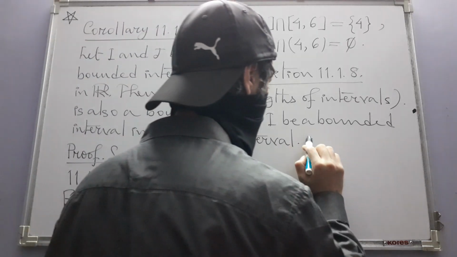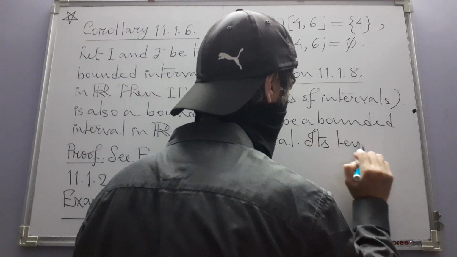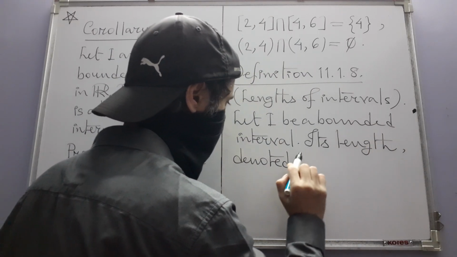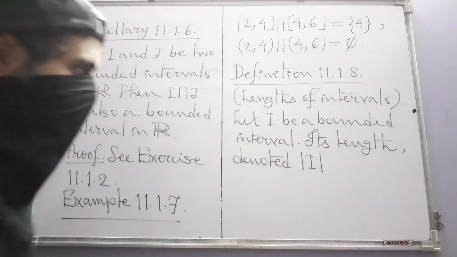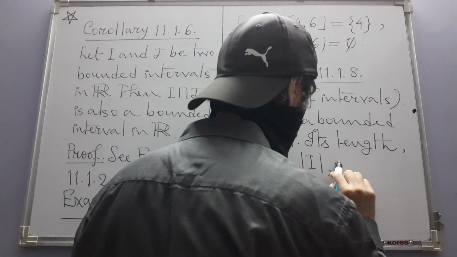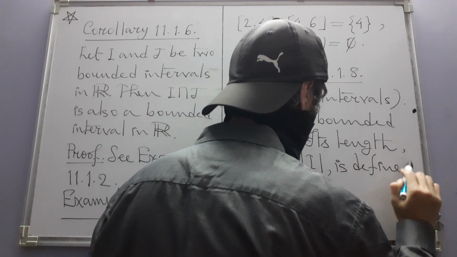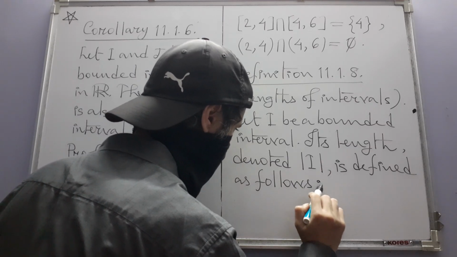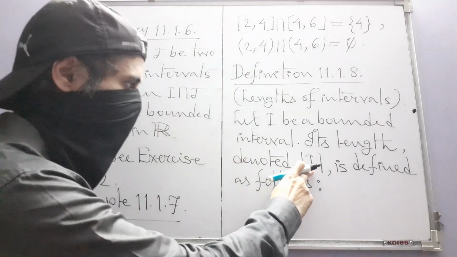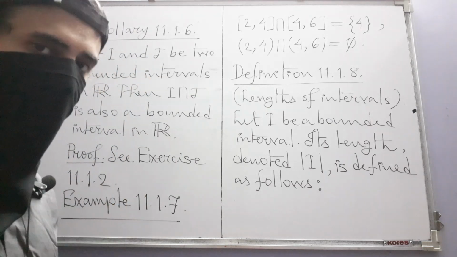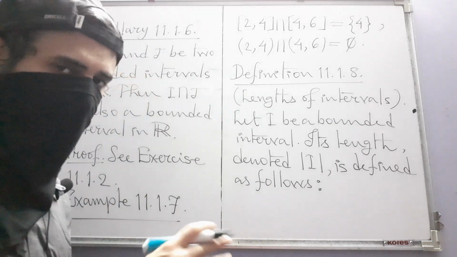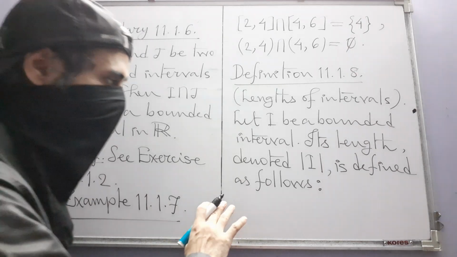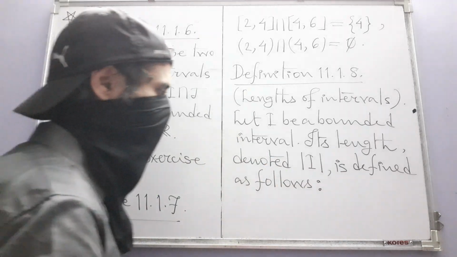Its length, denoted like this, is defined as follows. Now, depending on whether I is a degenerate interval or a non-degenerate interval, the definition is slightly different, although it's not totally unrelated. You will see what this is.